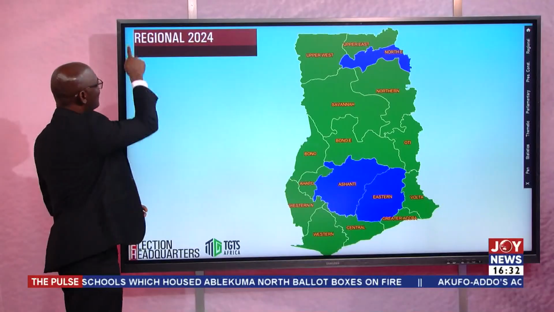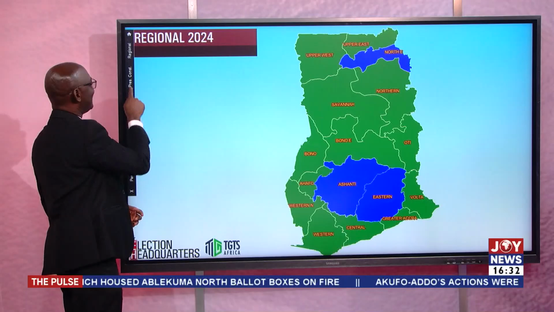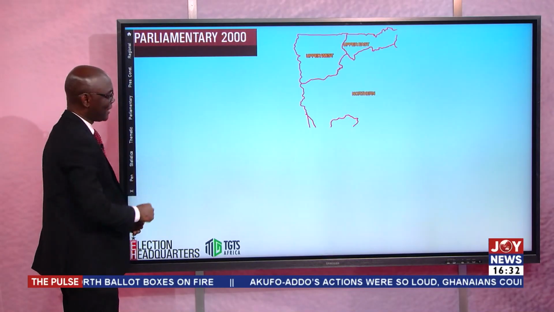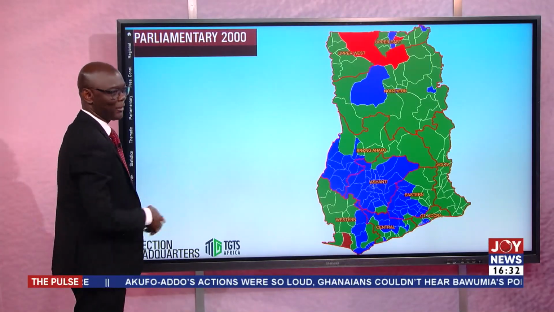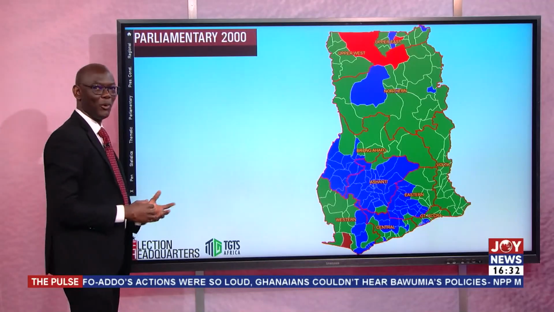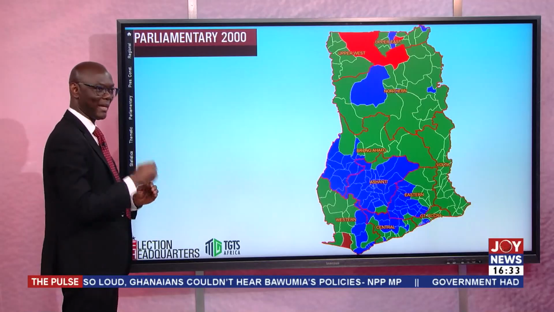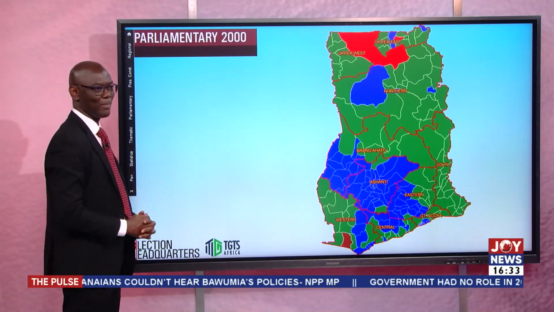So we had to adopt one that can flow through and also allocate colors even to independents. So even in historical elections where you had independents winning, we could easily demonstrate the essence of that independent person winning. It gives you an idea, for example, of color red, which would have belonged to maybe PNC or some other color. So we adopted a color code for every party to be able to make a perception.